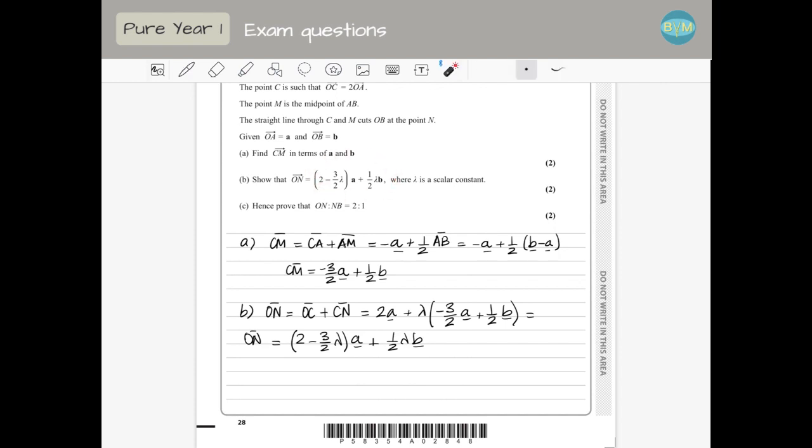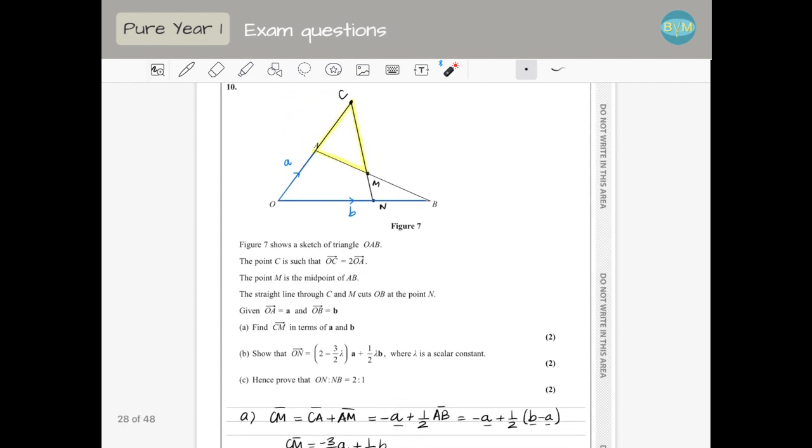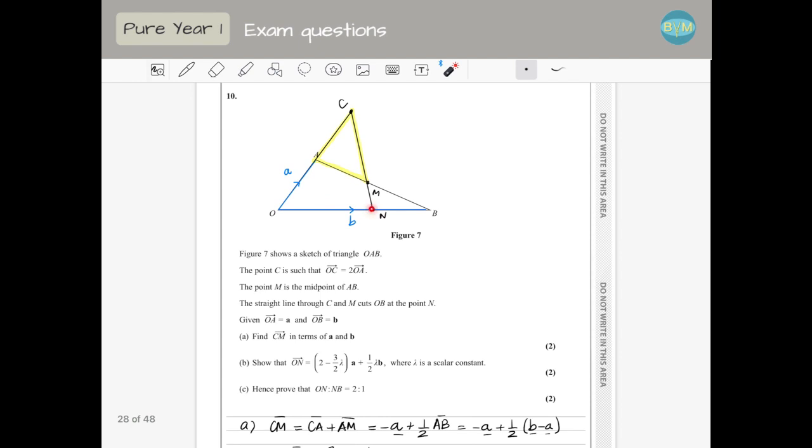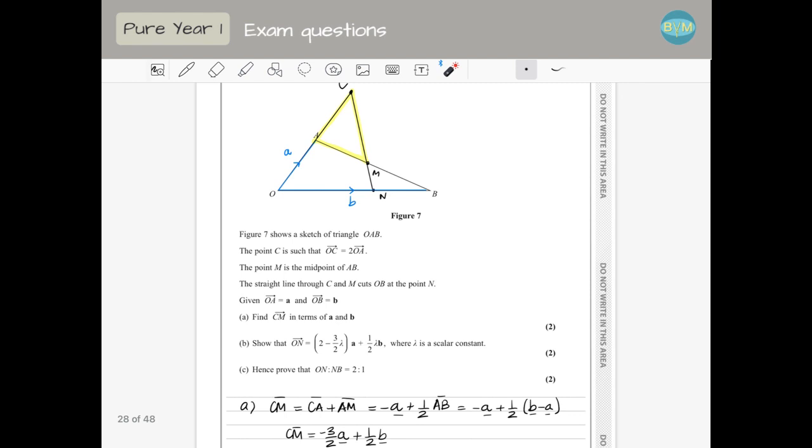And then hence prove that the ratio ON to NB is 2 to 1, so this is double this. There are a few ways of doing this, but one of the things that we can use is what we have written here. We have written ON as this vector.